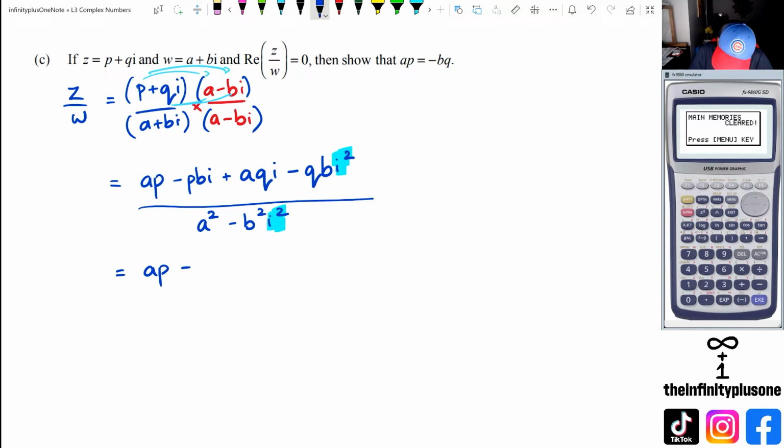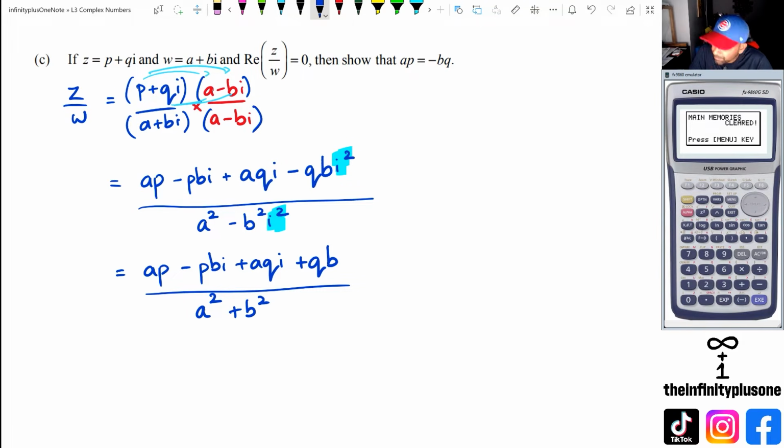So I'm going to get ap minus pbi plus aqi, and because i squared is -1, minus qb is going to become plus qb. For the denominator I'm going to get a squared, and i squared is -1, so -1 times minus b squared is plus b squared.